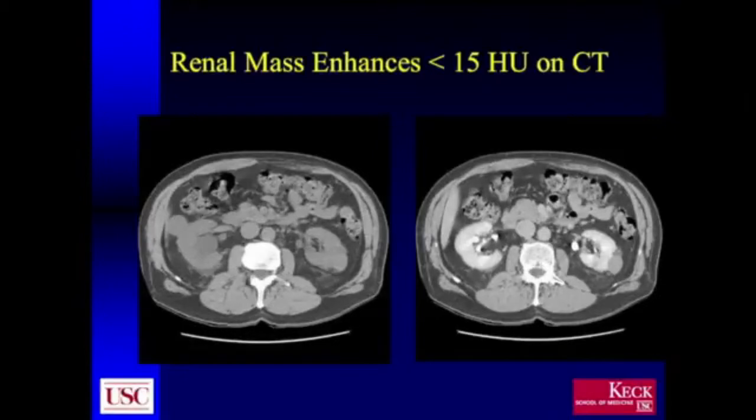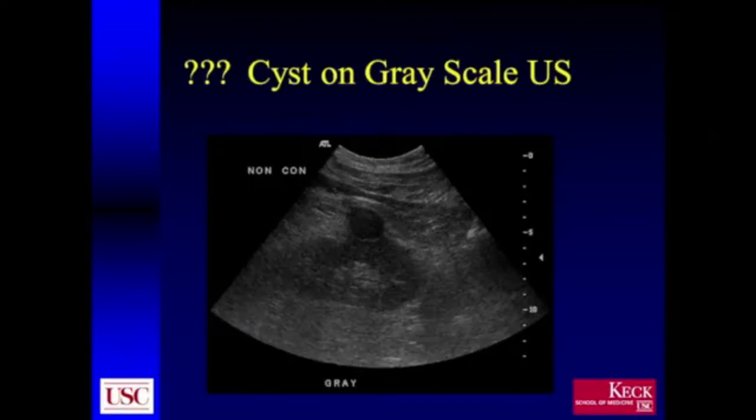Such was the case in this particular patient. You can see here that there is a structure along the lateral edge of this kidney. It's somewhat hyperdense when compared to the parenchyma. And following injection of contrast, it did not enhance more than the expected cutoff of 15 Hounsfield units. So this was an indeterminate lesion on contrast-enhanced ultrasound.